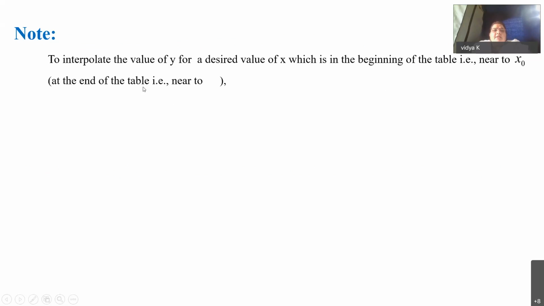And if it is at the end of the table, near xn, then we prefer NBIF. In the examination, they may ask you to use the appropriate interpolation formula, so you should know this point.